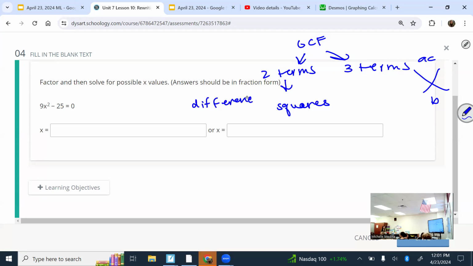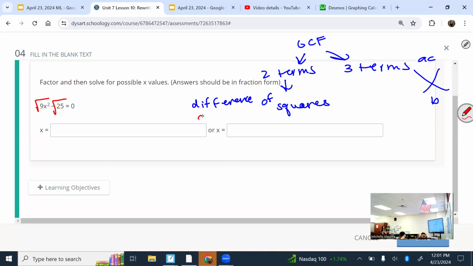So if it's a 2-term, it has to be a difference of squares in order to factor it. What does difference mean? Is this a subtraction problem? Yeah. Are these perfect squares on each side of the subtraction problem? Yeah.